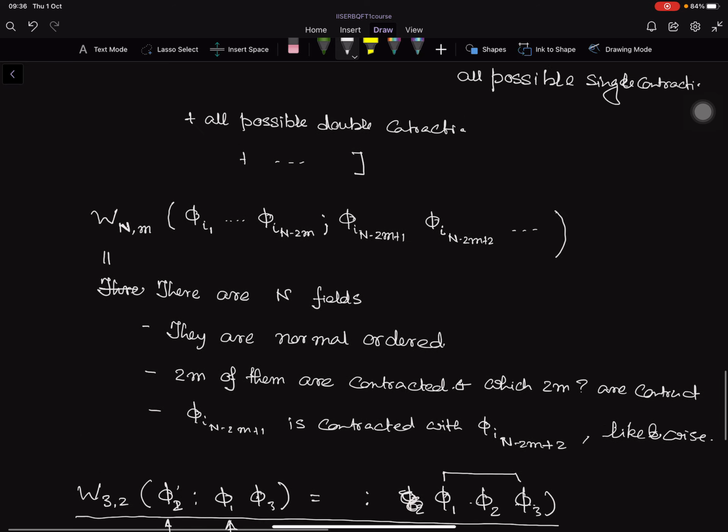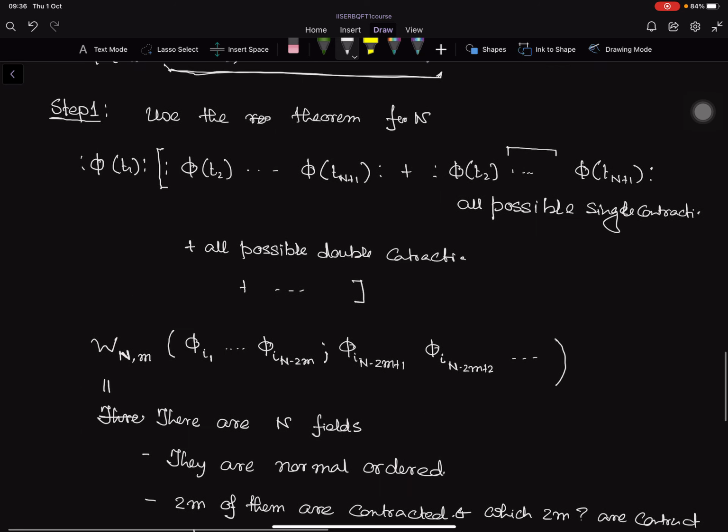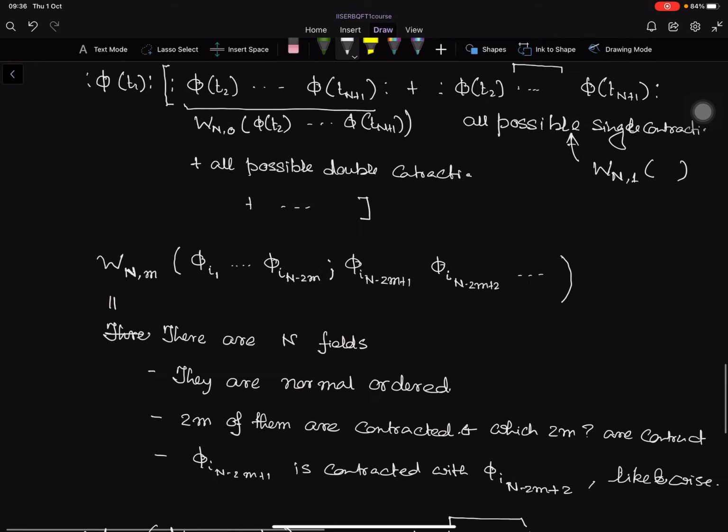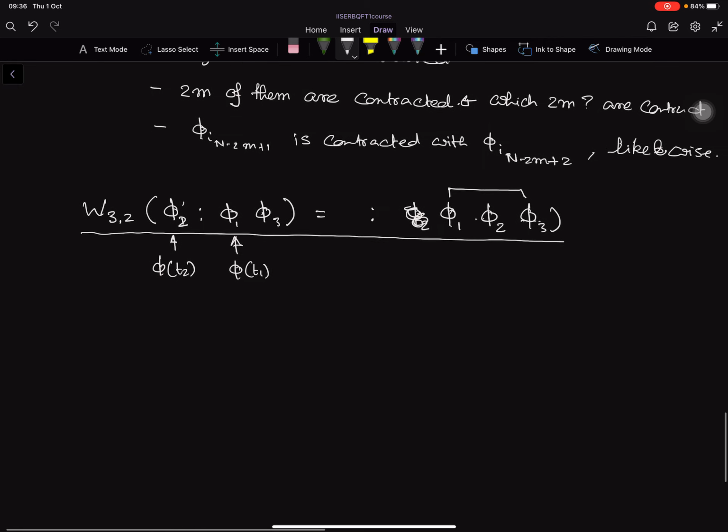Now you see that this thing is wn0, phi t2 to phi tn plus 1, and this quantity is phi n1, and likewise. So this is the notation.